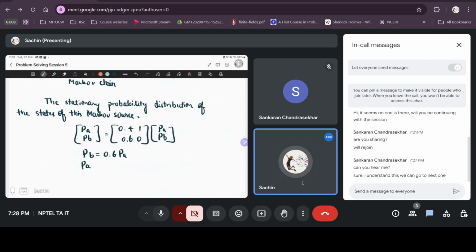P of A is 0.4 P of A plus P of B. That's from the first row, and the second row gives P of B is 0.6 P of A, which is also the same equation.